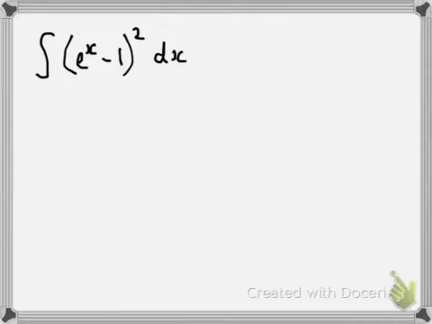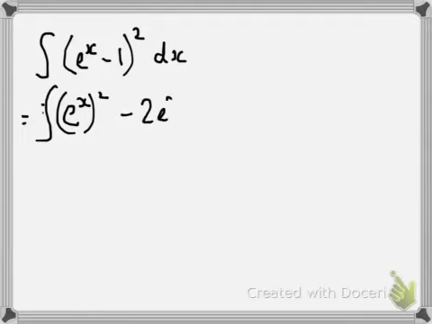Okay, this time we've got the integral of e to the power of x minus 1 squared. So the first thing we need to do here is to expand the brackets. So we get e to the power of x squared, so this is the integral of that, and then we've got minus 2 lots of e to the power of x.